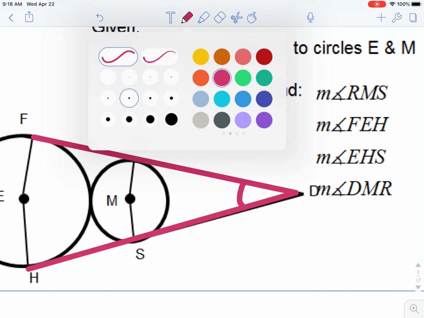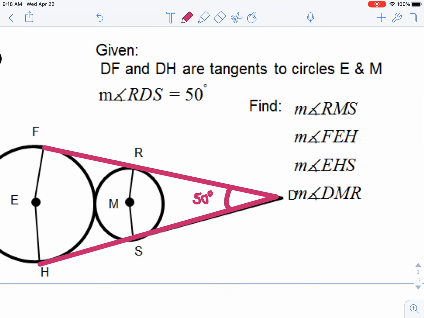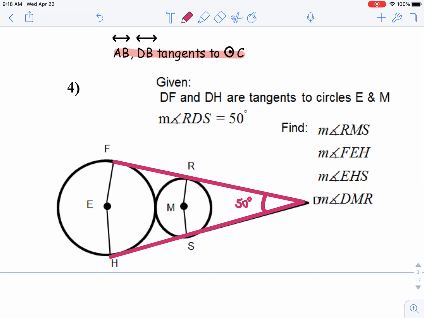So we know that this angle down here is 50 degrees. They want us to find RMS, FEH, EHS, and DMR. Okay. So let's see if any of these are our right angles, because we now know that all of these are right angles.